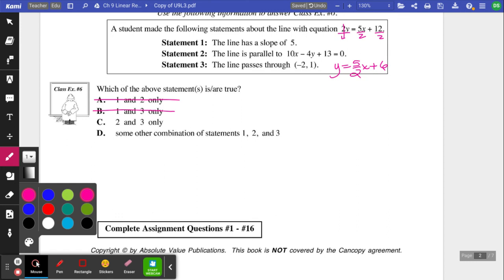Let's find out about statement 2. So how could you tell if it was parallel? Rearrange statement 2. So I'm going to leave the 4y. What will it be equal to?